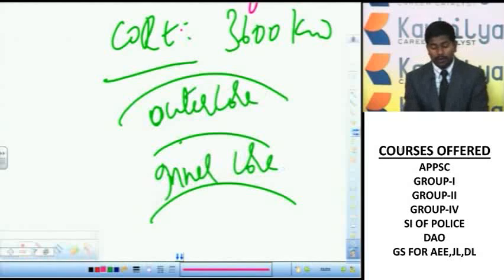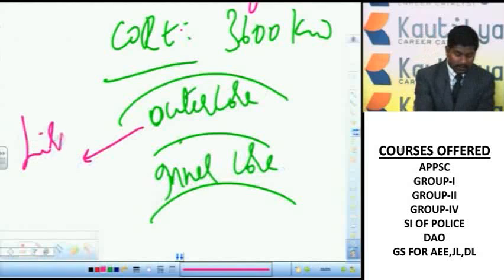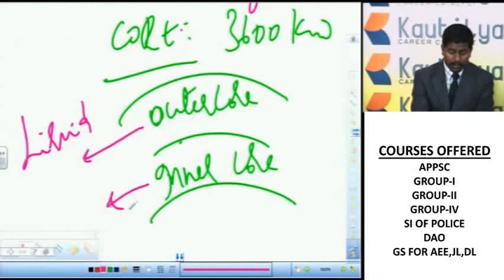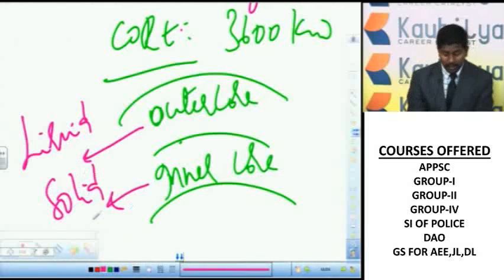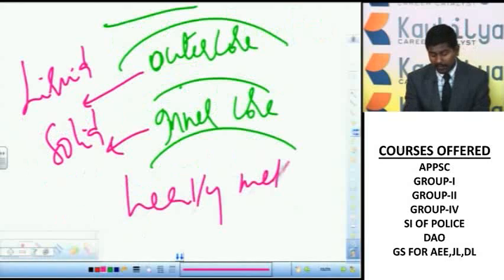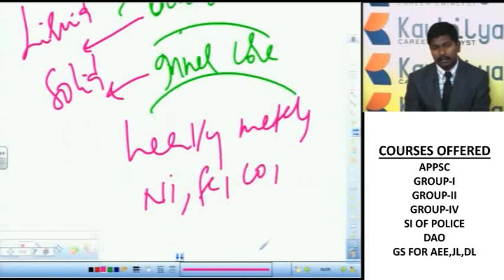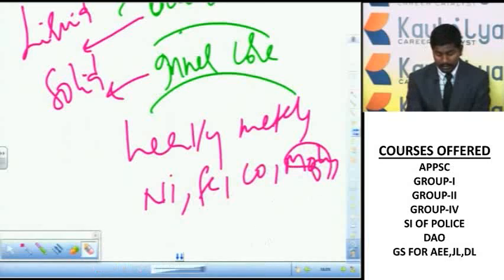Remember, the outer core is in a liquid state and the inner core is in a solid state, and the core is basically made up of heavy metals like nickel, ferrous, cobalt, and molybdenum.